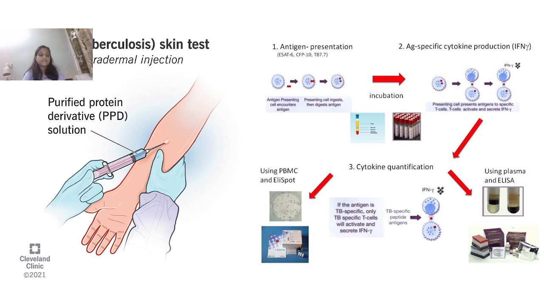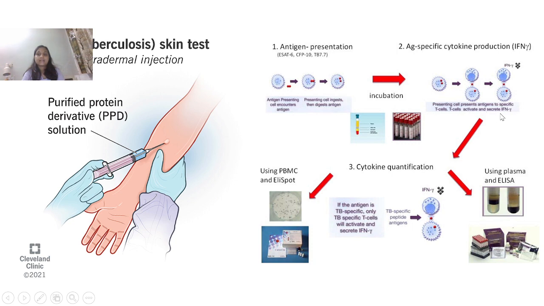Here you can see, for example, an antigen presenting cell, or APC, will encounter an antigen. The presenting cell ingests, then digests the antigen. Then the presenting cell presents the antigen to a specific T cell.